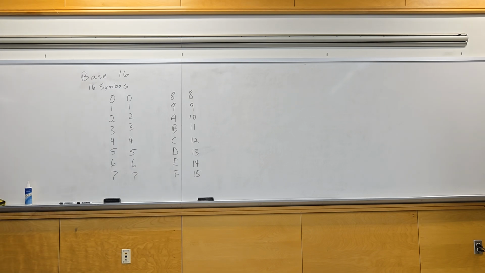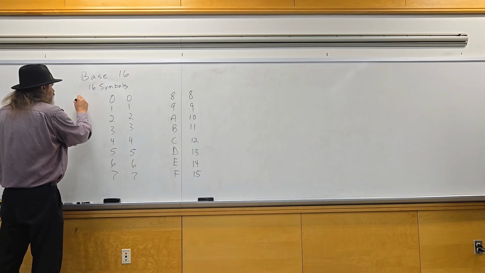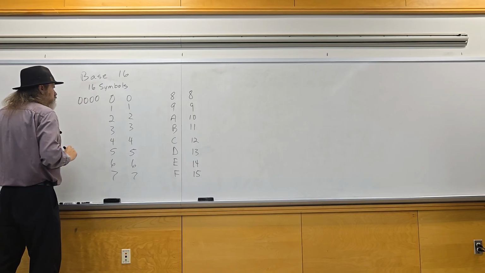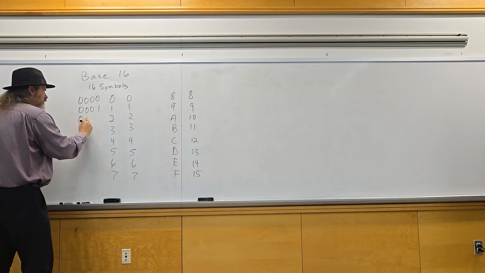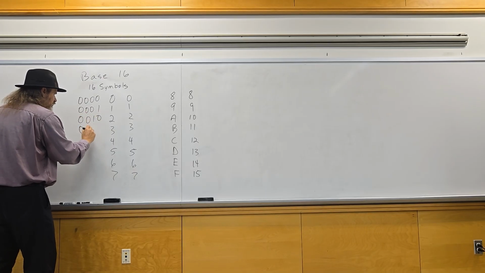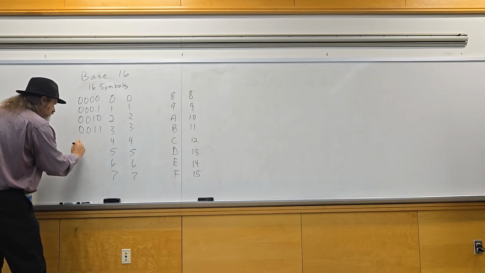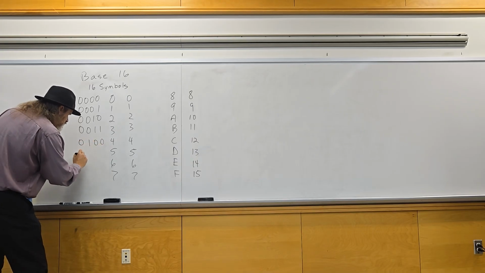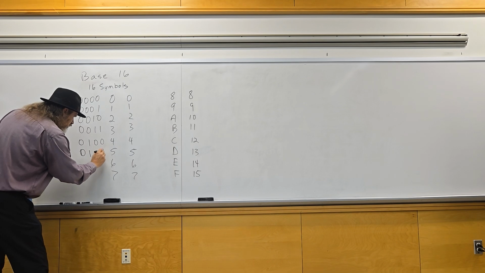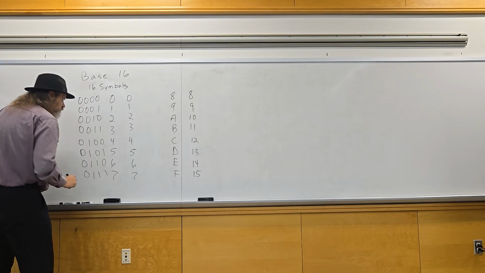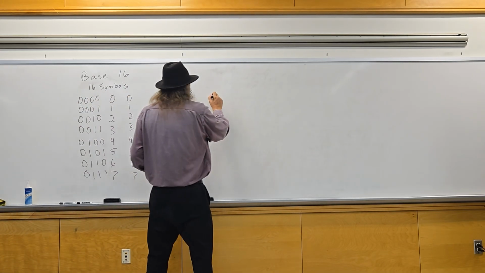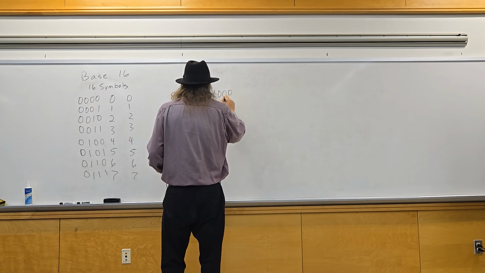Now the fun part about hexadecimal is it converts to binary super easy, because 0 is 0, 0, 0, 0, 0, 0, 0, 1, 0, 0, 1, 0, 0, 0, 1, 1, 0, 1, 0, 0, 0, 1, 0, 1, 0, 1, 1, 0, 0, 1, 1, 1, 1, 0, 0, 0.